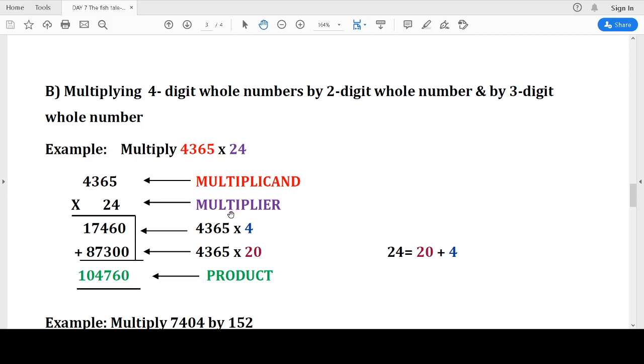First we will multiply 4365 by 4, and in the next row 4365 by 20. You just multiply and write the answers, and then we add them.